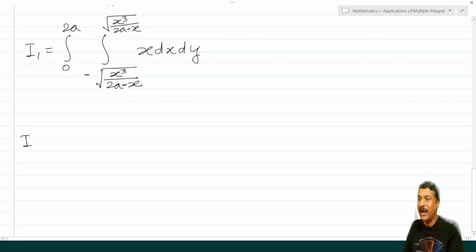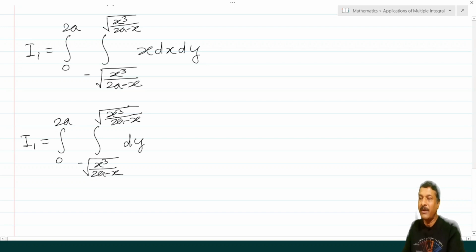So I1 equals integration 0 to 2a, integration minus under root of x cube by 2a minus x to plus under root of x cube by 2a minus x, and here only dy is inside, and remaining is outside, which means x dx is outside.